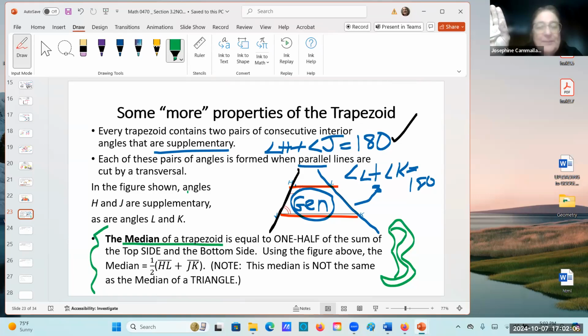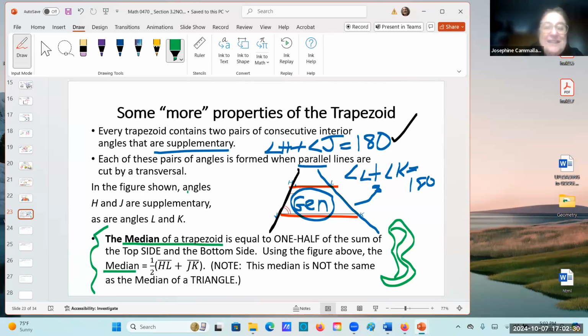That's totally different. It is a different formula. When you have a trapezoid, be it a general, a right, or an isosceles trapezoid, you have this formula.